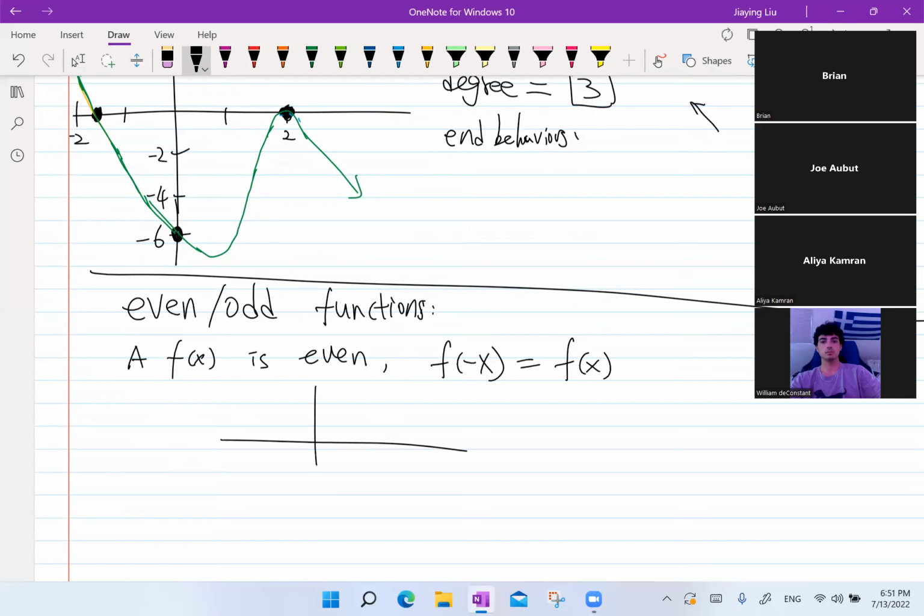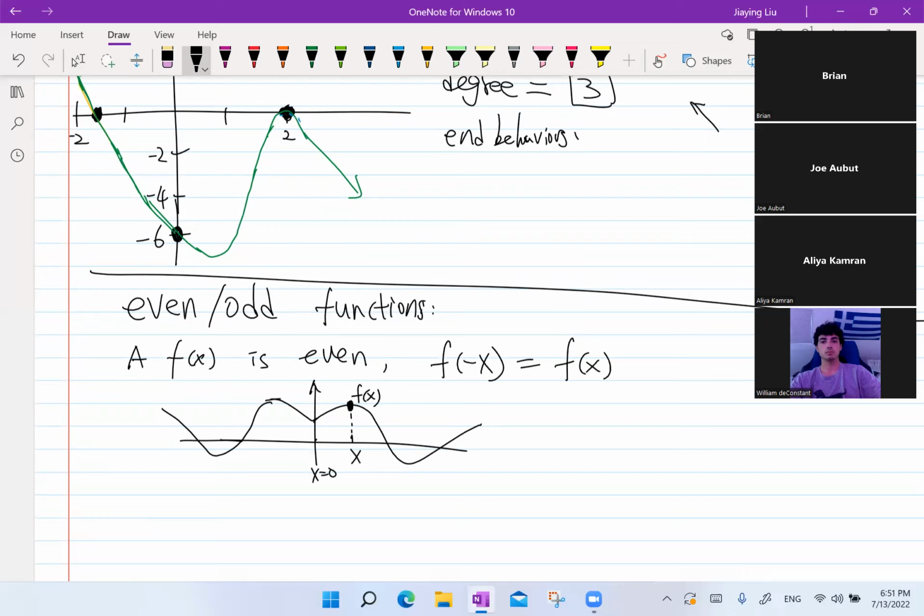Suppose we have some function, perhaps it looks like this. And on the left side, it's going to have a symmetric shape. So this is x equals 0, the y-axis. And over here, this is some x value, and it has a y value here. That's f of x.